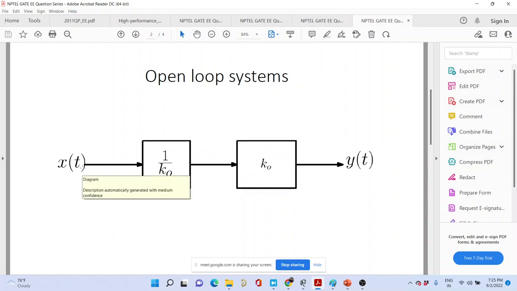Yeah, so Chaitanya, my question is, say I want to adjust the output according to my input. Say I have changed my input from 1 volt to 5 volt. According to the operation shown by this block, y(t) becomes equal to x(t), right? Whatever change I make in x(t), y(t) would also follow the same. Then open loop systems are good enough. What is the need for a closed loop system?